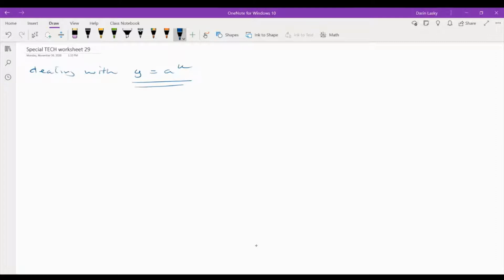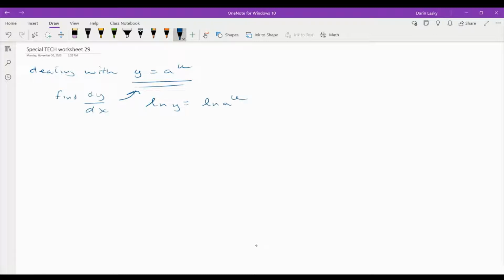So if I want to find dy dx of this piece right here, then what I would do is take the natural log of both sides. So let's just work this. If I took the natural log of both sides, I get natural log of y equals the natural log of a to the u.